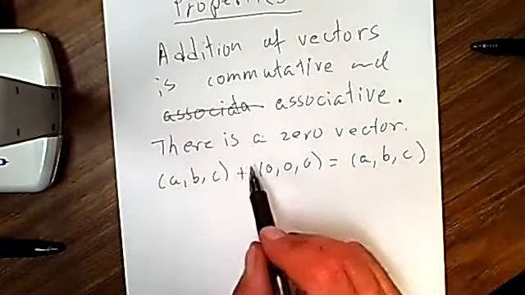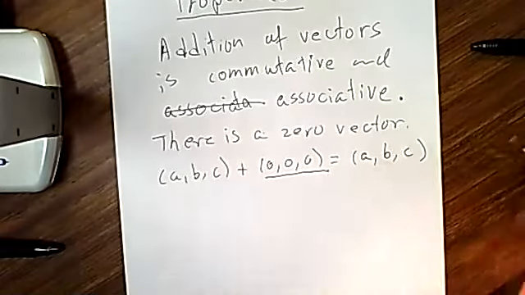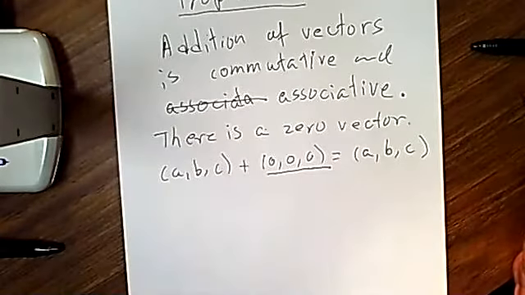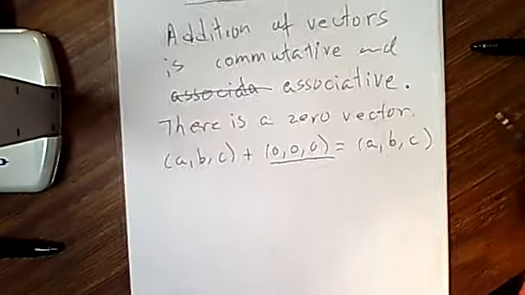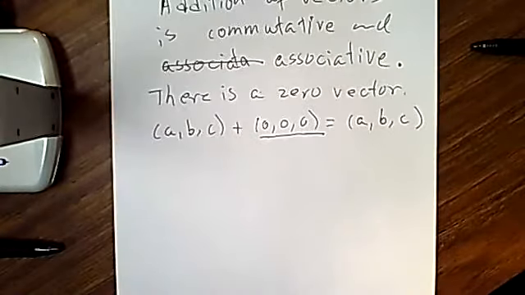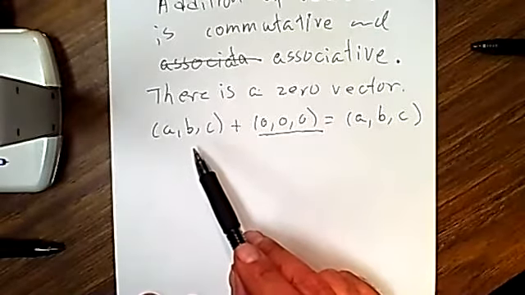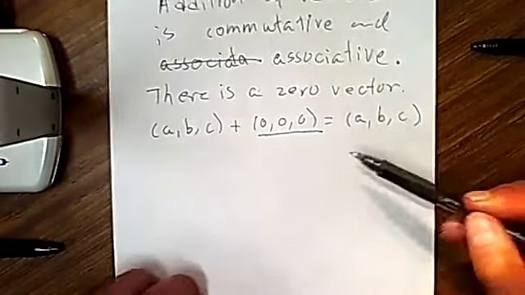So what is relevant about the zero vector is that it neutralizes the addition. It doesn't change the first vector by adding the zero vector. That is an important property of the zero vector. In fact, it is also called the identity of the addition of vectors, because it keeps the original vector intact.